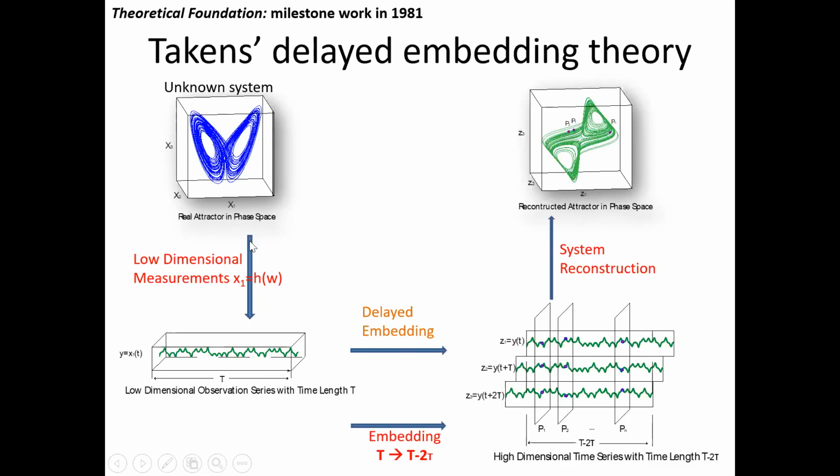But we really want to know this unknown system. This is the biological system. It's very complicated. We want to know this one, but we get this one. So we want to know the relation of these two attractors. From Takens' delay embedding theory, we can prove that these two attractors are equivalent, which means that there is a function that can map each point here to a point there, one by one.